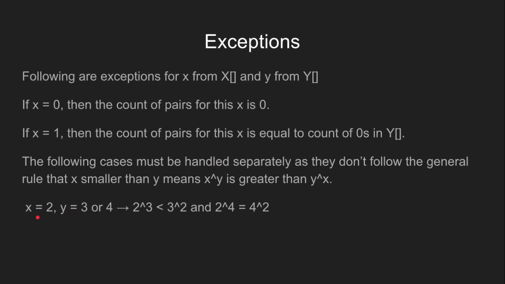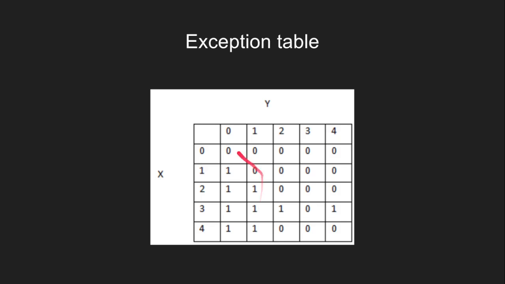These cases include when x equal to 2 and y equal to 3 or 4, because 2 raised to power 3, that is 8, is smaller than 3 raised to power 2, that is 9, and 2 raised to power 4 is equal to 4 raised to power 2.